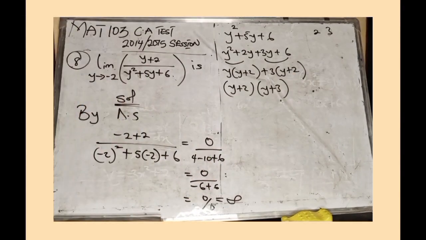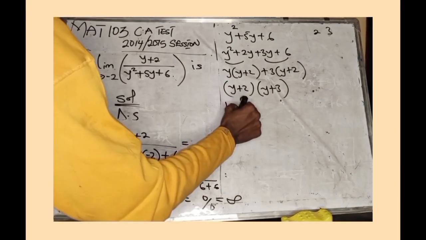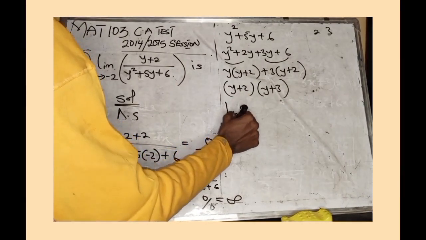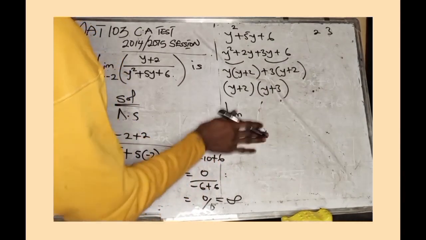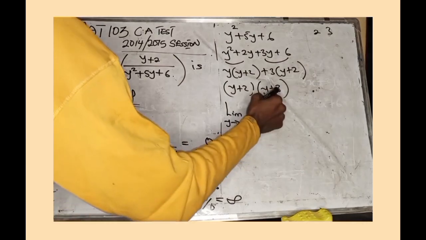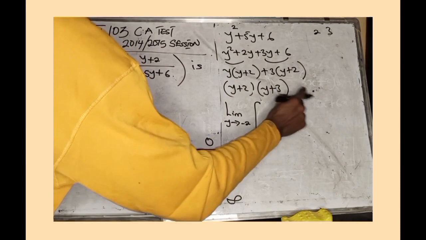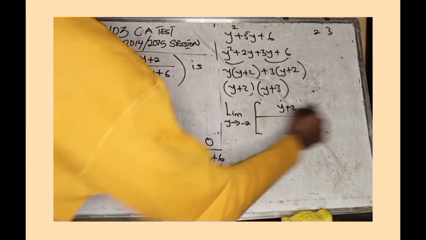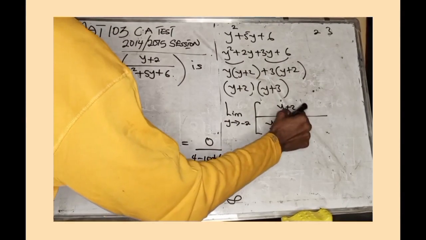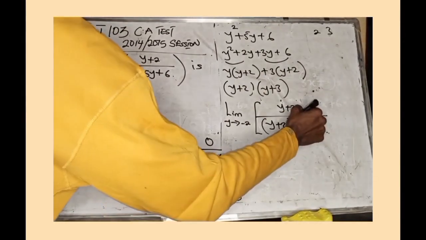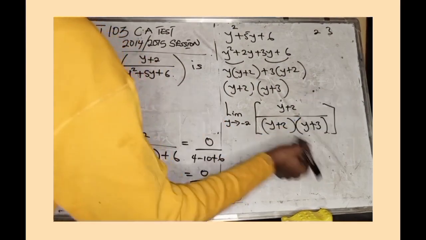All right, now let's go back to the question. The question says I have lim y approaches minus 2, then open brackets, let me put it this way, this is y plus 2 here. Then in place of this denominator, I'm going to use the factors I got earlier. So I have these 2 here, here is y plus 3. At a glance this can cancel this.